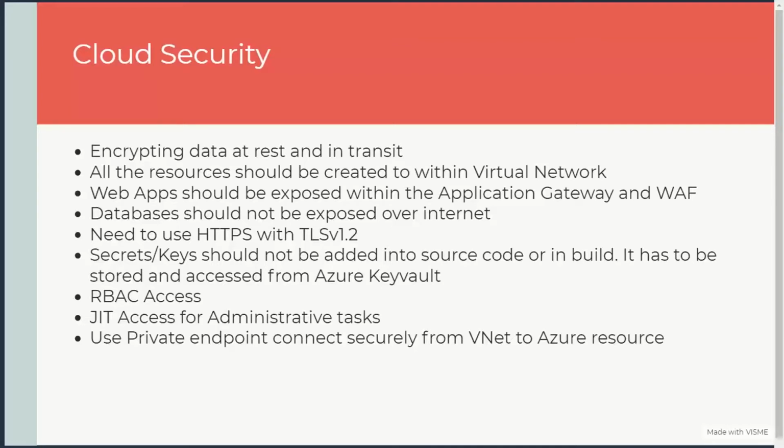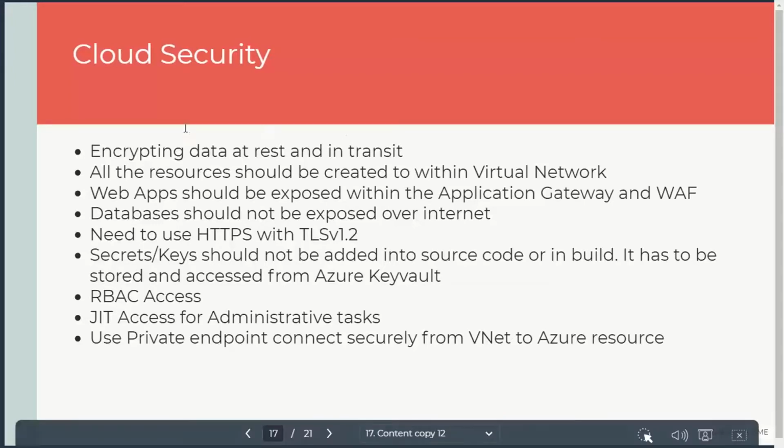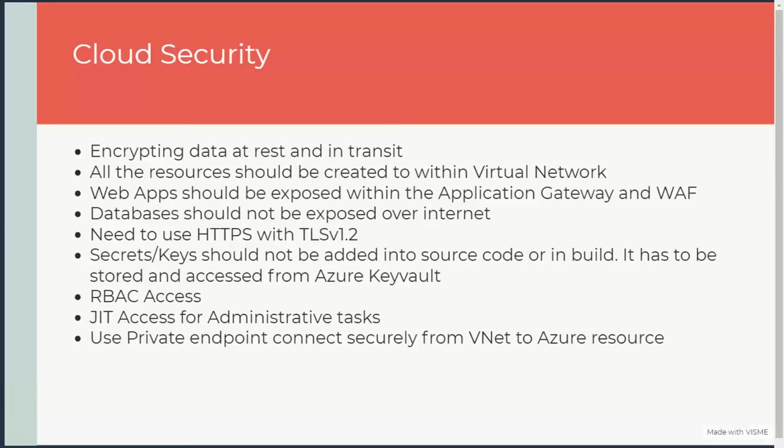During transit, the network traffic has to be encrypted, so that if someone attempts a man-in-the-middle attack on the packets you are sending from client to server, the data is encrypted and they cannot see anything. So the first important thing is we need to encrypt data at rest and in transit.